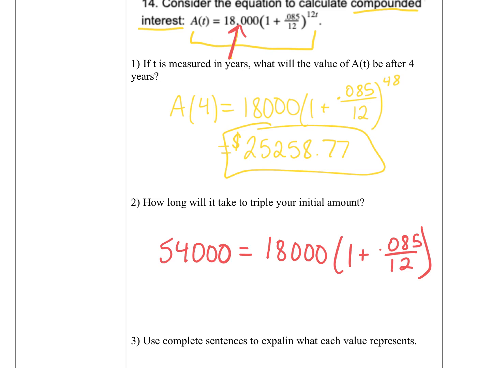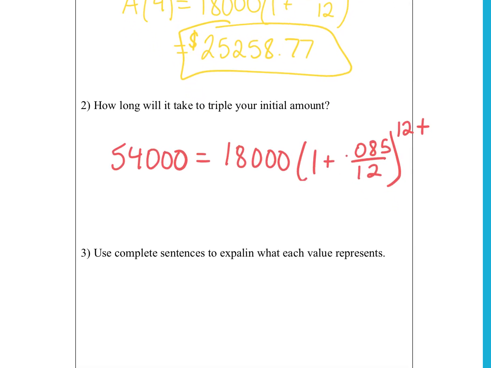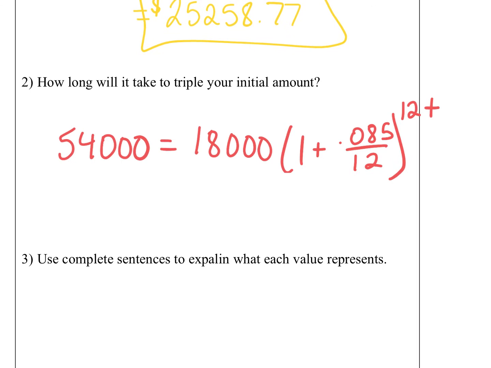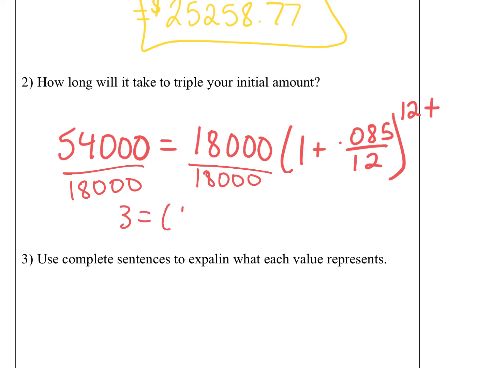To the 12t power, again, we don't know the t. We don't know what t is, so that's what we're solving for. Divide the 18,000 over. What is 54,000 divided by 18,000? 3 equals, parentheses, 1 plus 0.085 divided by 12.